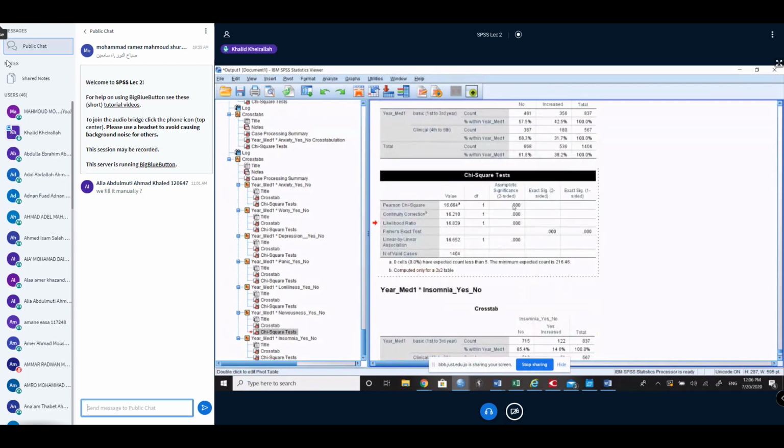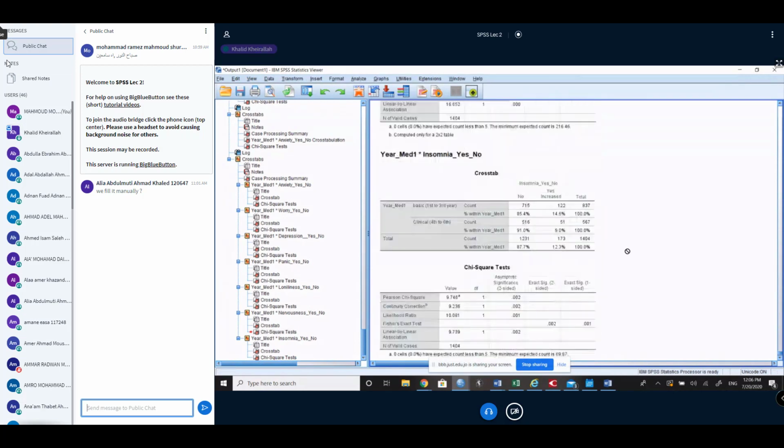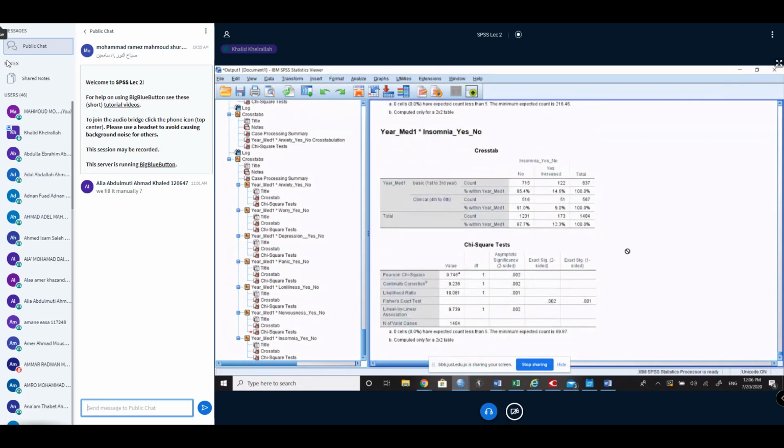Here's the p-value. Insomnia: basic medical students had higher levels of insomnia compared to clinical, 14.8% versus 9%. This is the p-value.